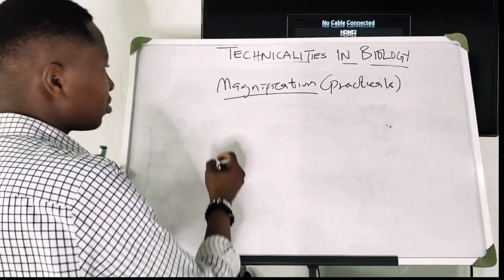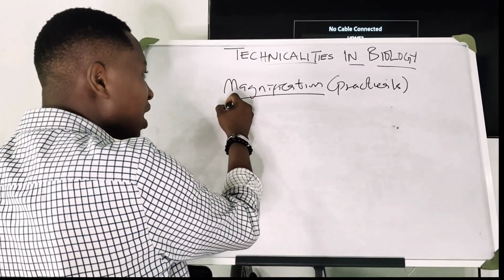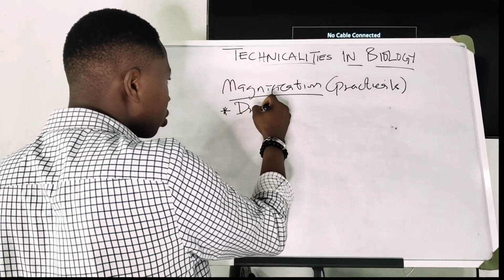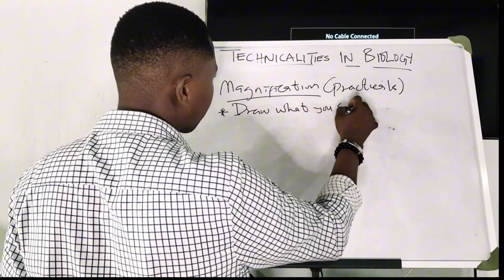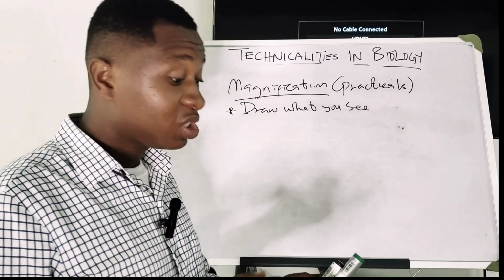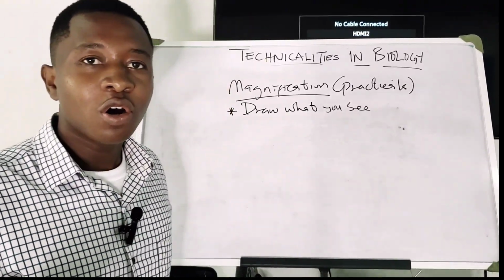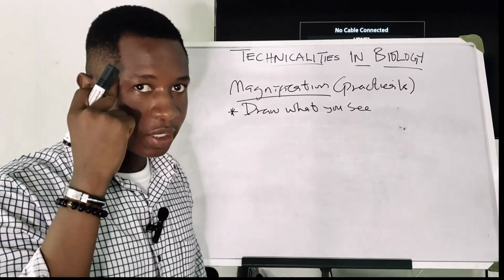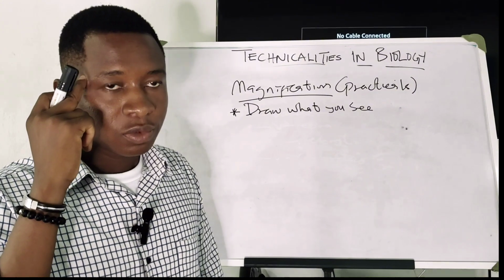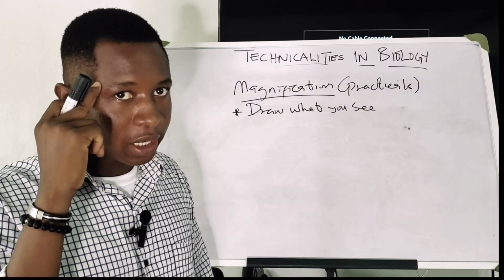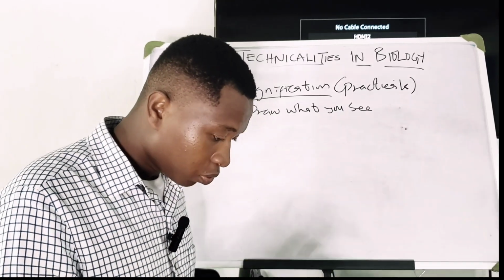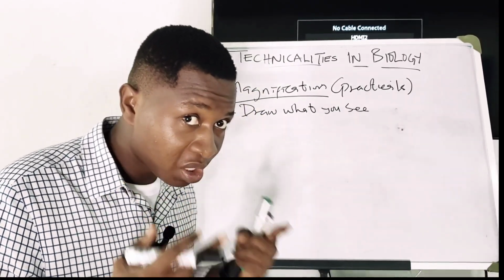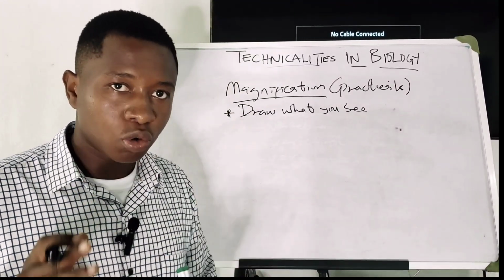The first most important thing is to draw what you see. Do not draw what you have an idea of in your head. Draw what you can see before you. What you are looking at is what you should draw.